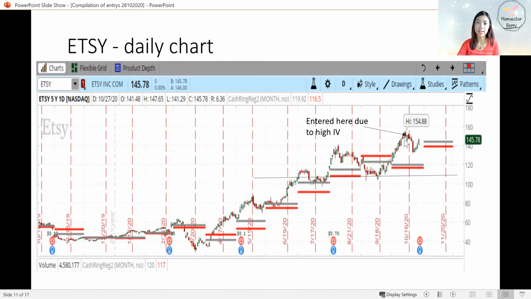I entered here, then the share price adjusted and I suffered some negative P&L on this particular trade. But right now, it's back to positive P&L. Let's see how it goes, right? Right now it's running at a profit for this particular trade.